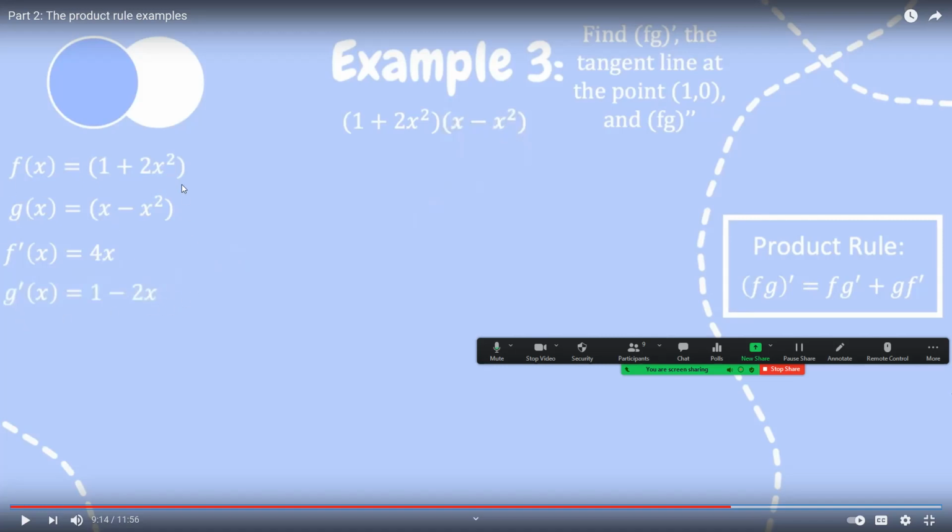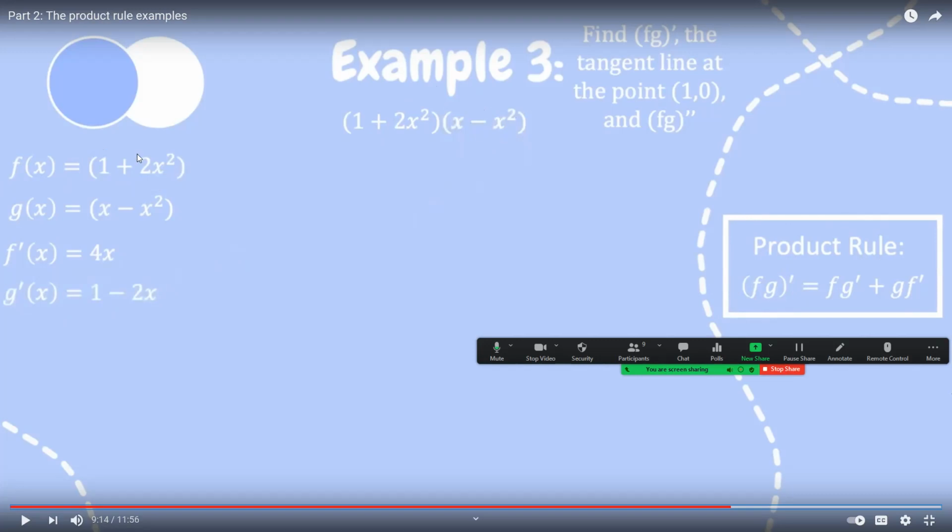Now that we have all 4 of these pieces, f, g, f prime, and g prime, we can plug them into the product rule. This thing we're trying to differentiate is f times g. So that's f times g all primed equals f times g prime plus f prime times g.